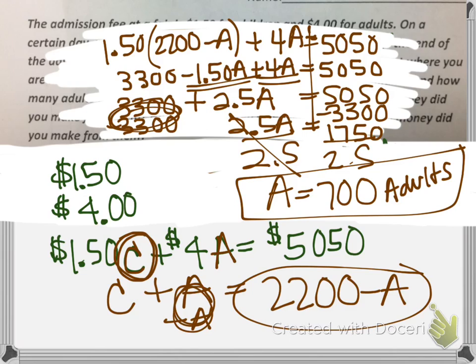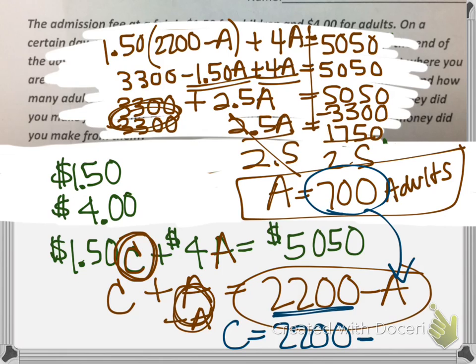So if there's 700 adults, how many children would that be? Well, there's a total of 2,200 tickets sold, and we could just put 700 right here. So we've got C equals 2,200 minus 700 to figure out our children.